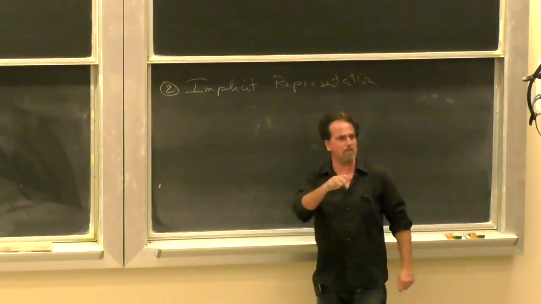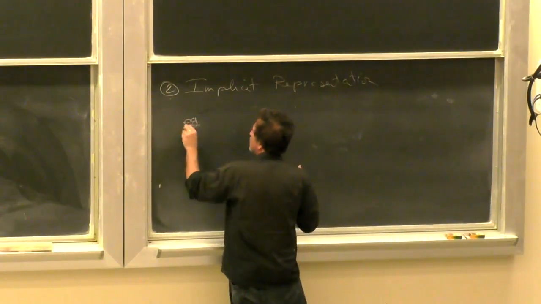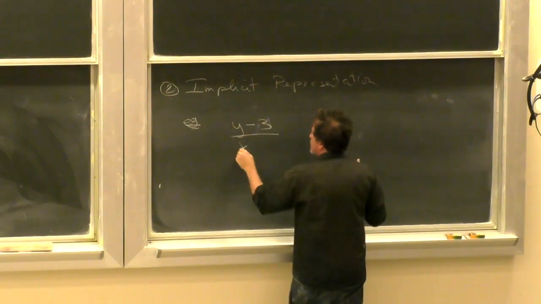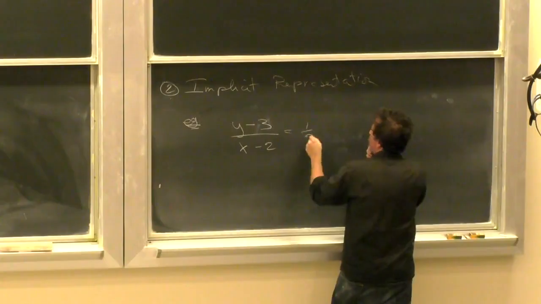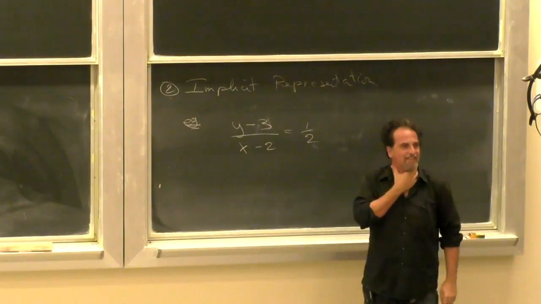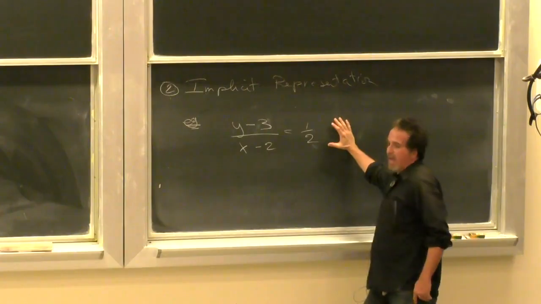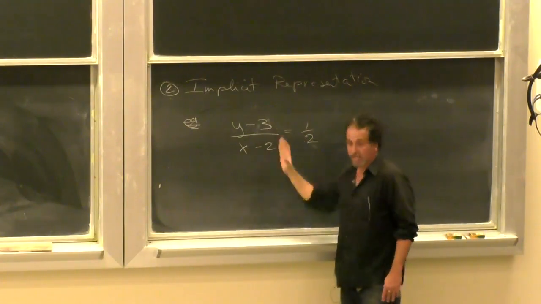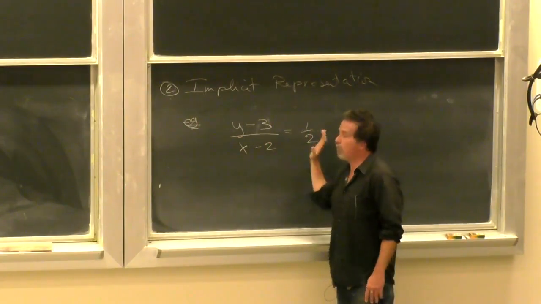Here's one, just for fun: y minus 3 over x minus 2 equals 1/2. You may recognize this as a particular realization of the point-point form of the line.